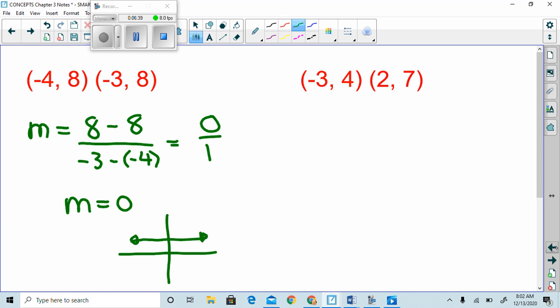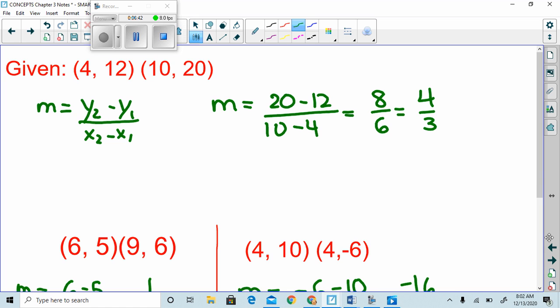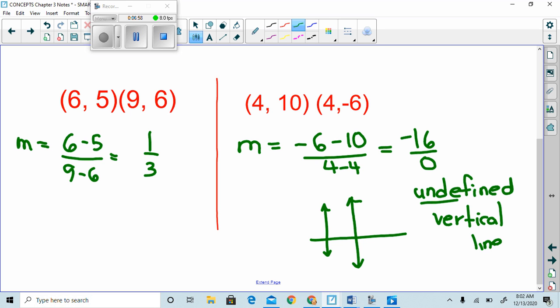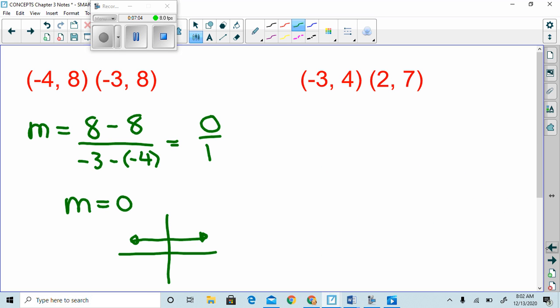Going back just a moment to our other, if I wanted to graph this here, this would be some sort of undefined slope. Okay, so there's going to be some sort of line somewhere where it is a vertical line, so undefined is a vertical line. And in my 0 slope, and I remember telling you this before, 0 and horizontal go together. So this is a horizontal line, and it's a 0 slope.